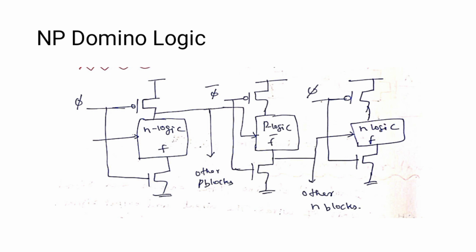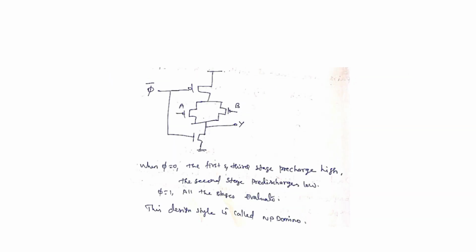So both N stages get activated, whereas the P stage is off. Once it is calculated, the signal is forwarded to the next P logic. When phi equals 1, the N stages are turned off and the P logic is turned on. So this nature gives the NP domino logic.